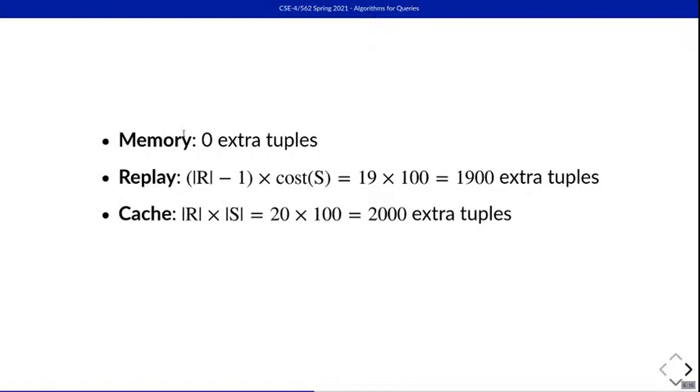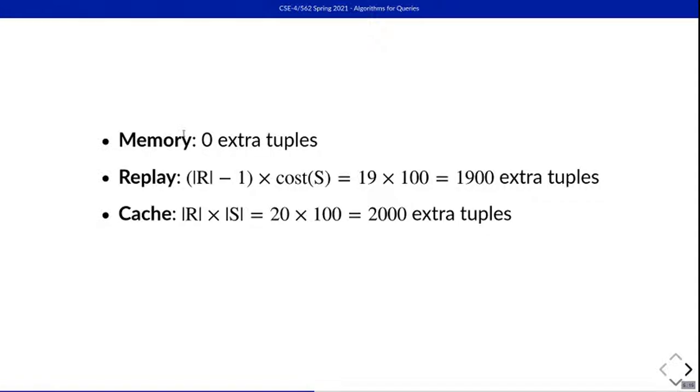Caching everything on disk, well, for the first tuple of R, we're going to read in from S. We get that for free, but then we also have to write all of the tuples in S out to disk during that first pass.